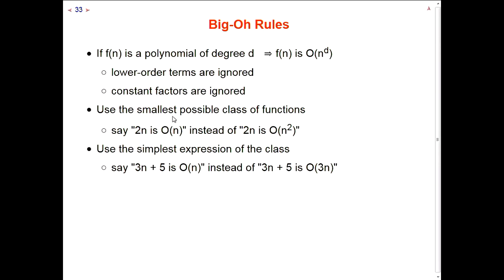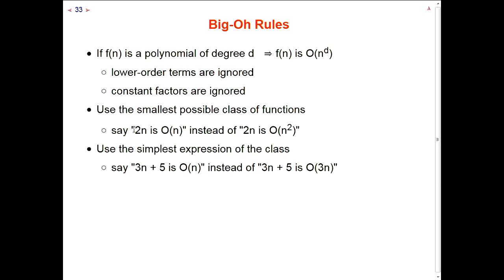Here is now the answer to that question that you raised. You should always use the smallest possible class of functions. Although it is mathematically true that 2n, a linear function, is not only O(n), but also O(n squared), the correct answer, when you want to say what is the runtime behavior of your algorithm, would be O(n) instead of O(n squared).